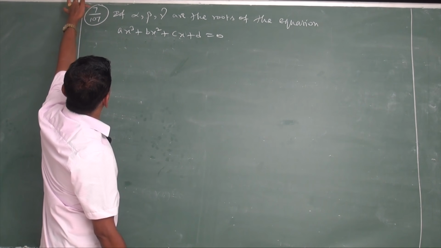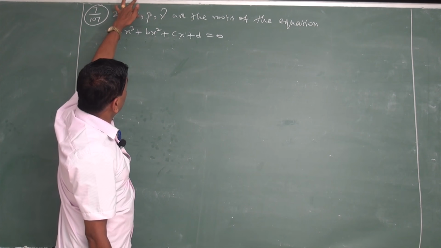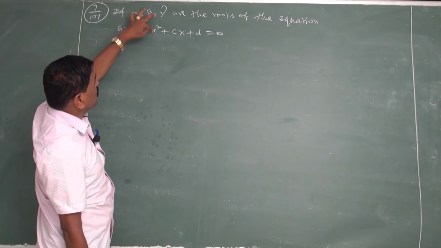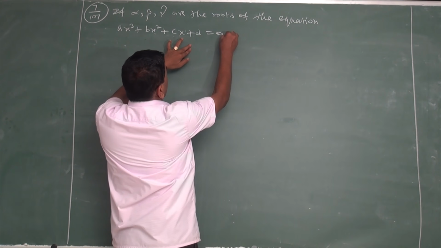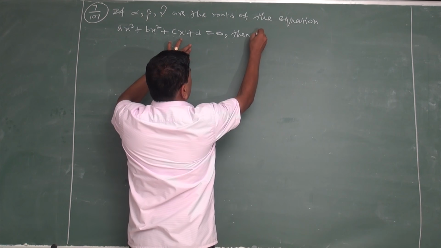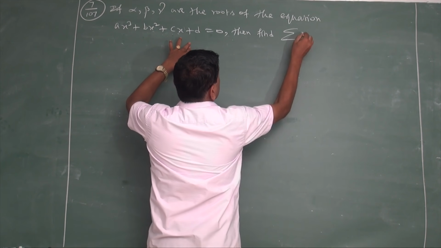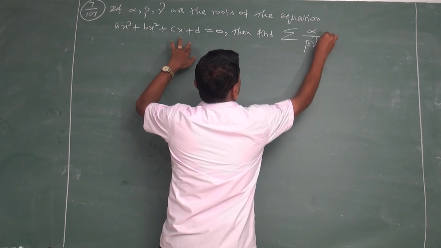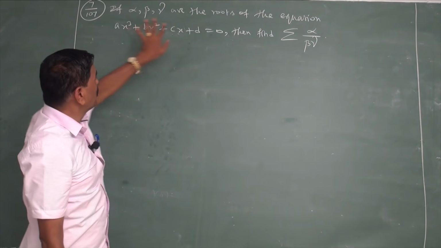Again listen to the question, which is the 7th question, page number 107 from the first exercise. If alpha, beta, gamma are the roots of the equation ax cube plus bx square plus cx plus d equal to 0, then find the value of sigma alpha by beta gamma, where sigma means summation.